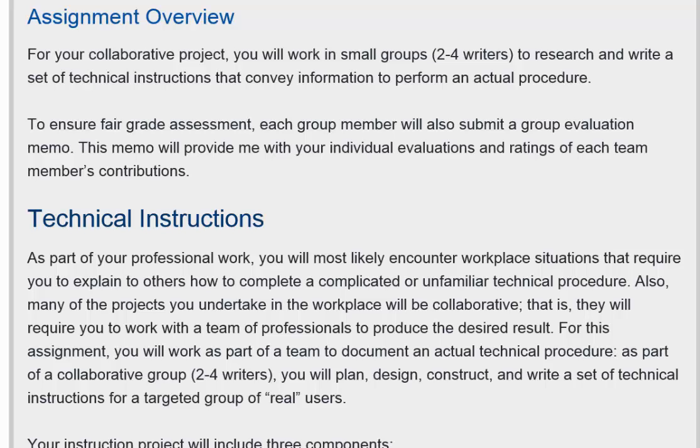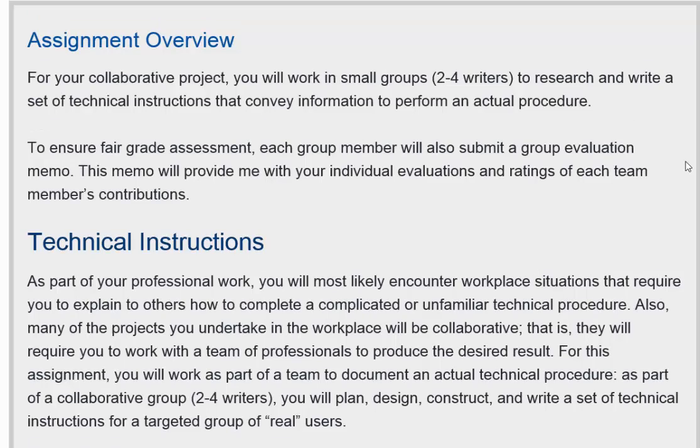And then you will each prepare individually a memo in which you will discuss each group member's contribution to the project and assign each group member an evaluative number from 0 to 100. Your instructor will read each memo and take into consideration your individual contribution when assigning grades for this project.